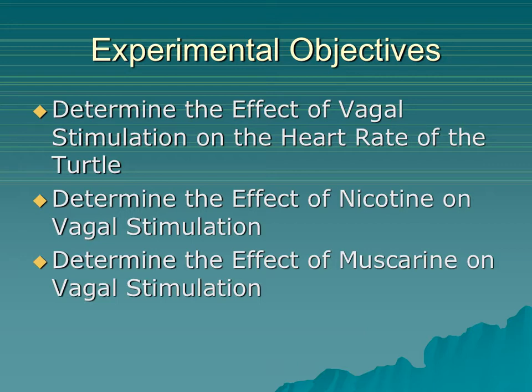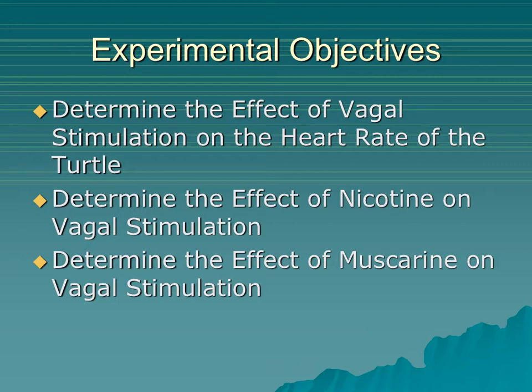Okay, so let's start by looking at the effects of vagal stimulation on the heart rate of the turtle. What would we need to do? Well, we would need to isolate the heart of the turtle and isolate the vagal nerve. Through some cut downs of removing the plastron, that's the bottom shell, and exposing the carotid artery in the neck, we would find that attached to the carotid artery is the vagal nerve.